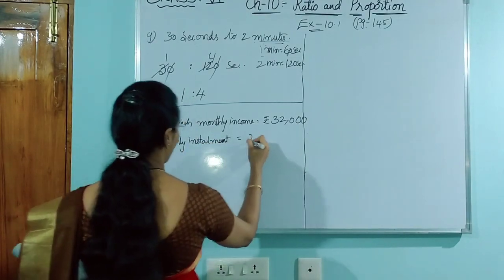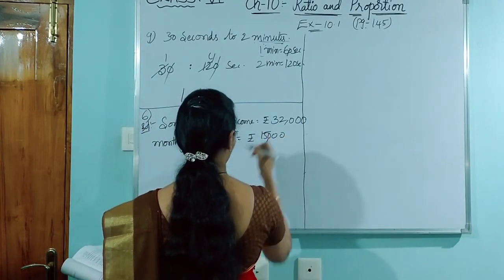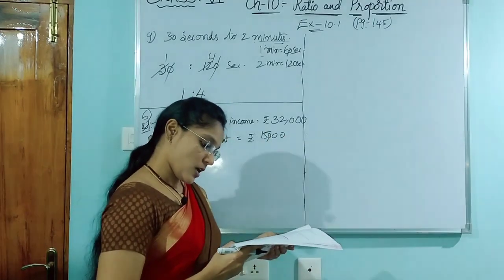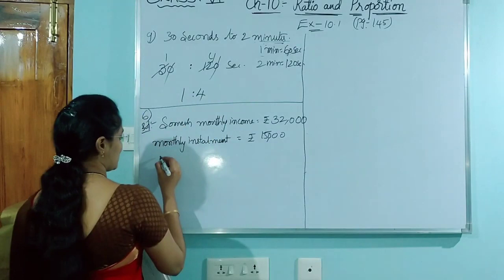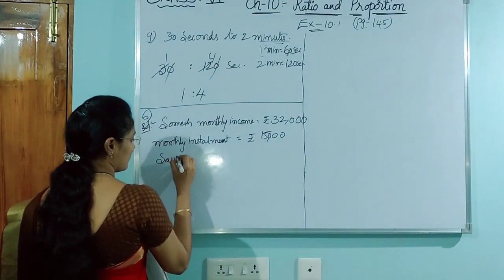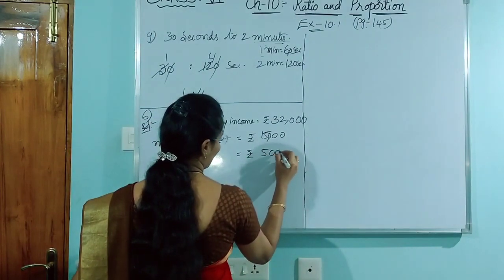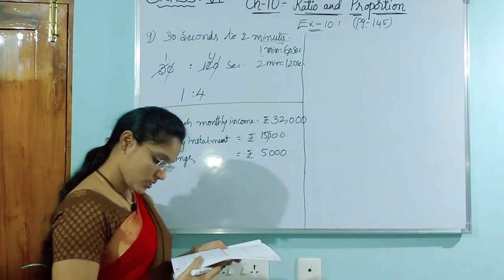How much rupees? 15,000. Okay, next. How much he saves? He saves 5,000 rupees. Savings, rupees 5,000.